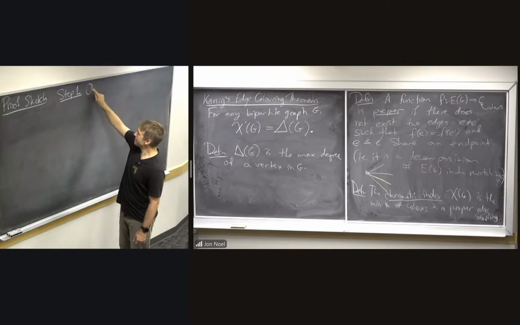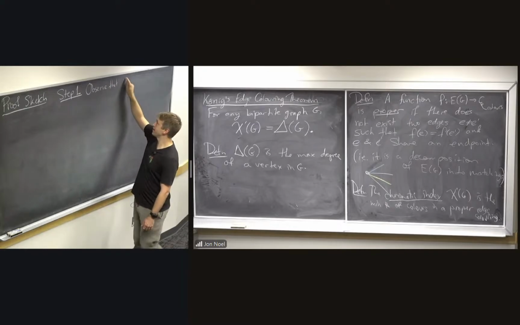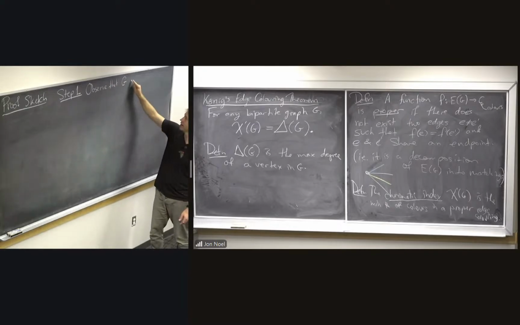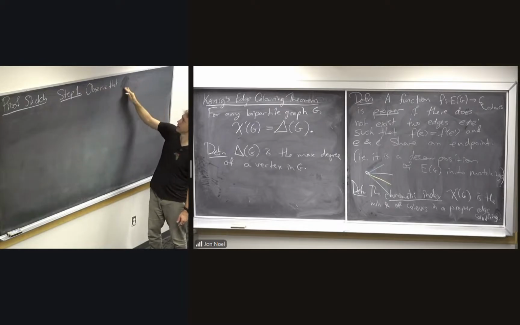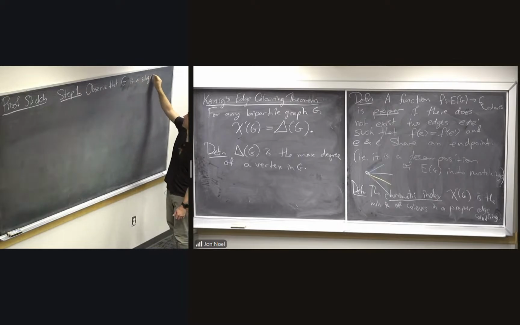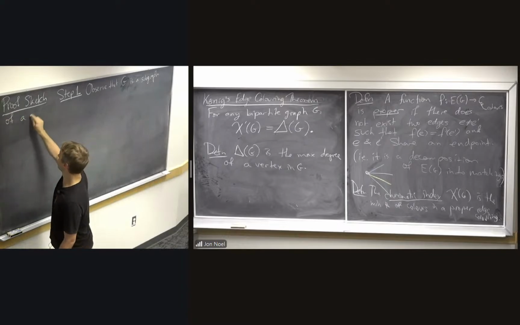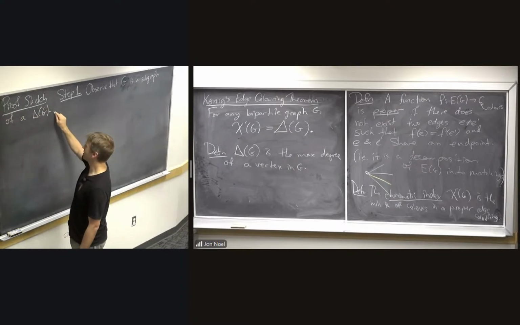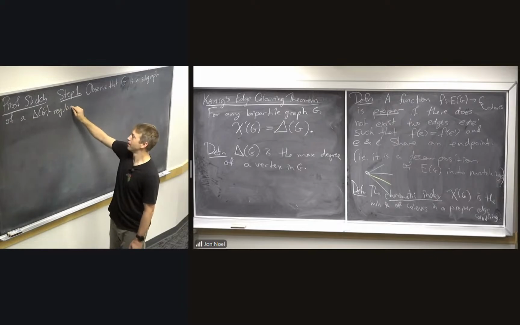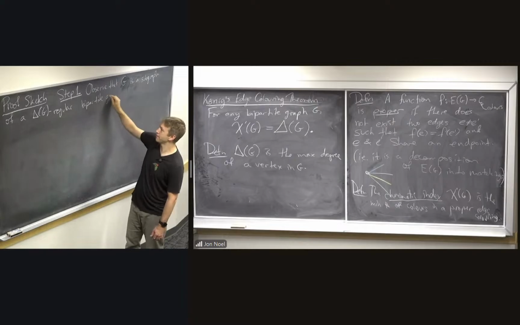So the first step I would say is observe that any bipartite graph G is a subgraph of a delta G regular bipartite graph.